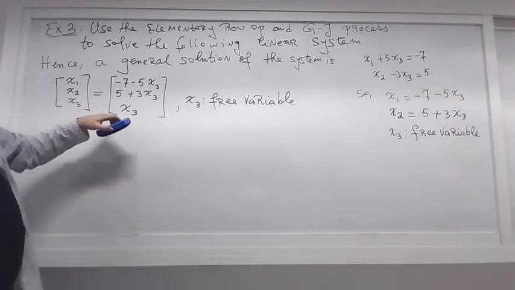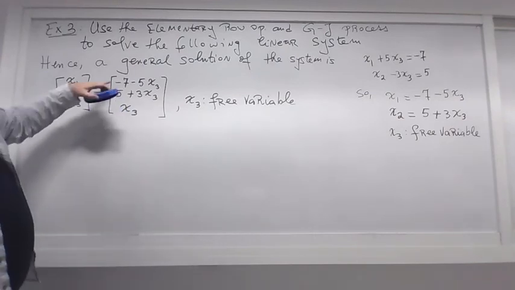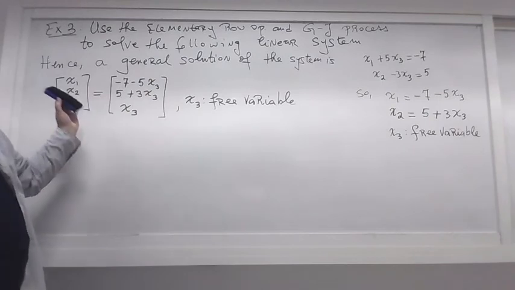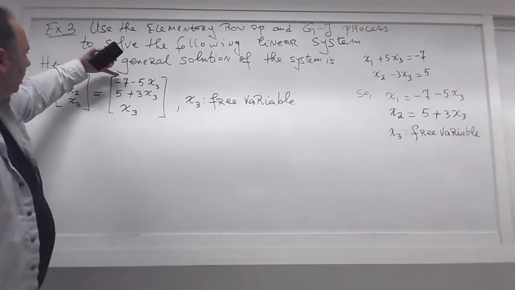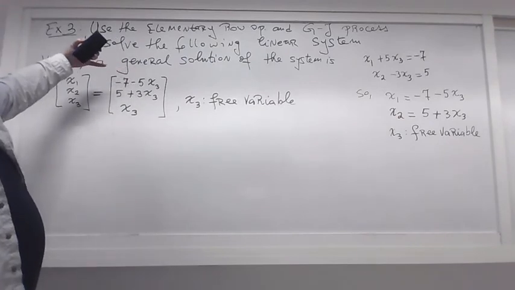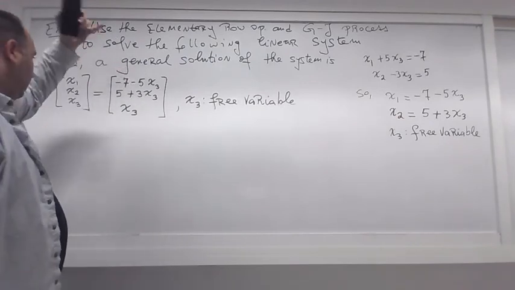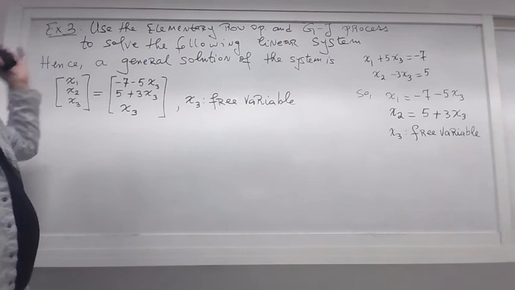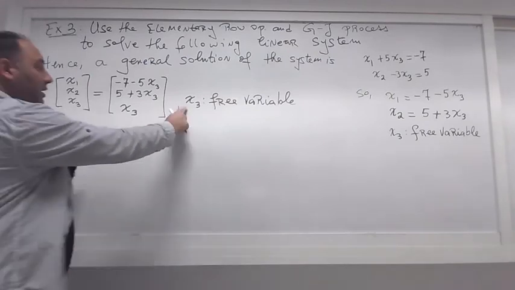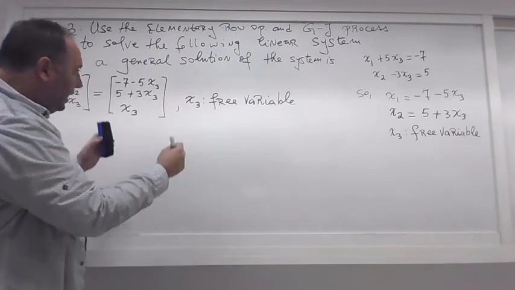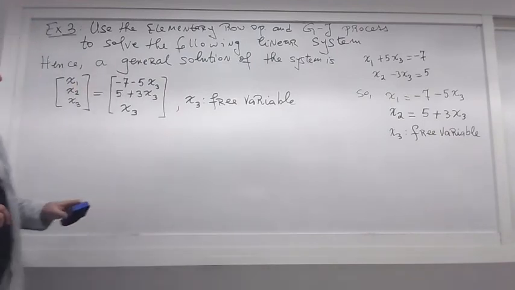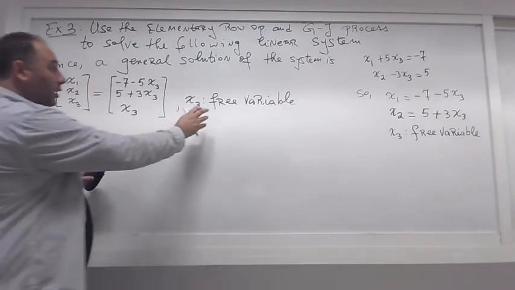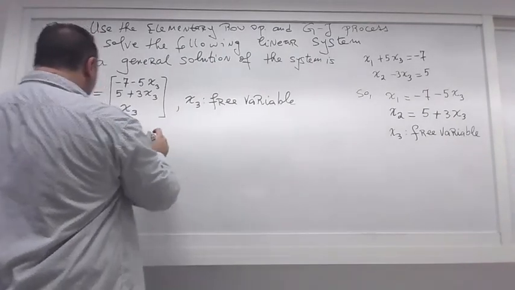So if I choose x3 equals 0, then my solution will be minus 7, 5, 0. Yay. If I choose x3 equal 1, it will be, well, minus 5 minus 7 is minus 12. So it will be minus 12, and then 8 and 1. You're beautiful. But I have infinitely many of those choices. I can take e to the power pi, all the things that you can imagine, all real numbers. So that's why there are infinitely many of them.